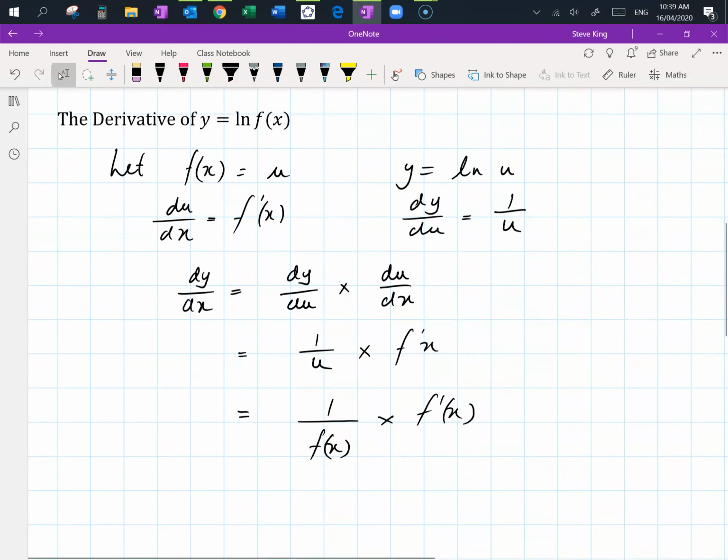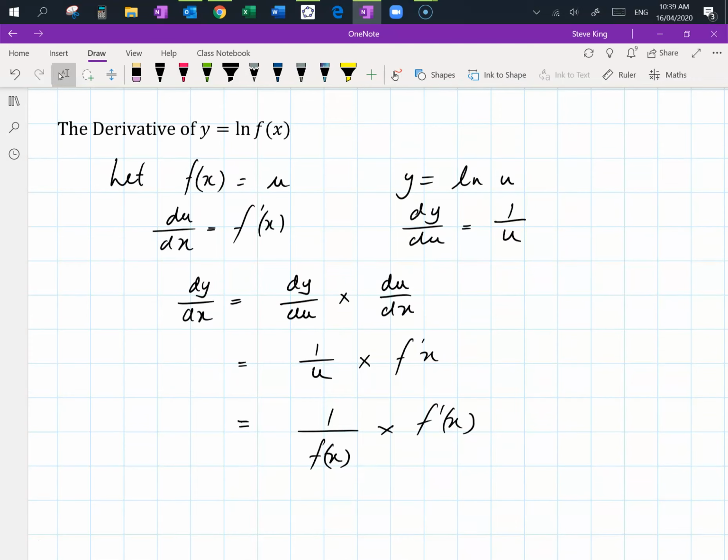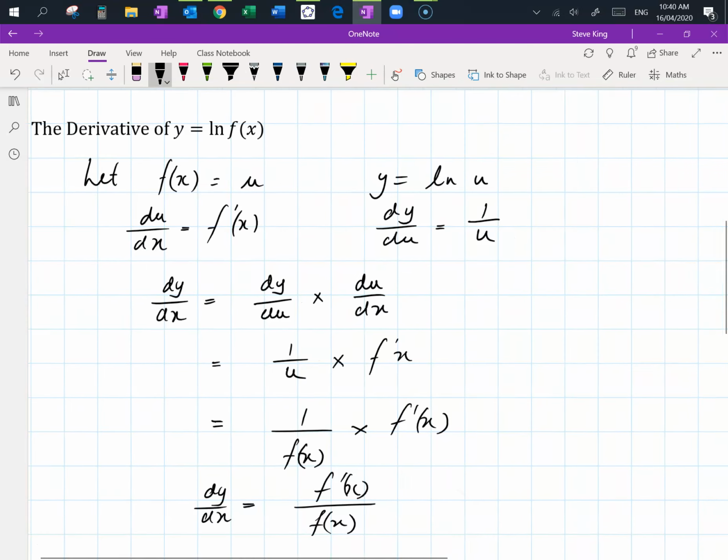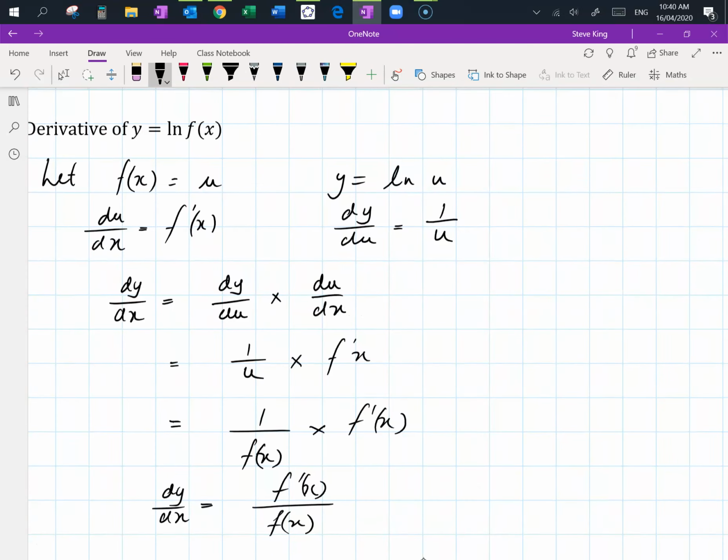And so the derivative of y, dy dx, is simply going to be f dash of x over f of x. And that's our generalized formula.